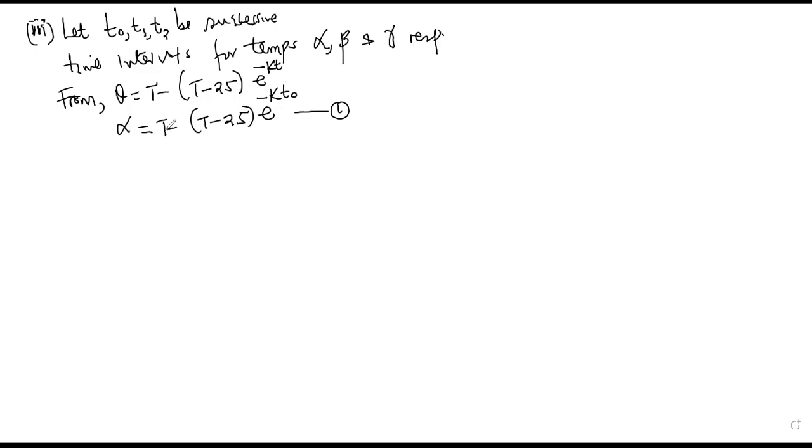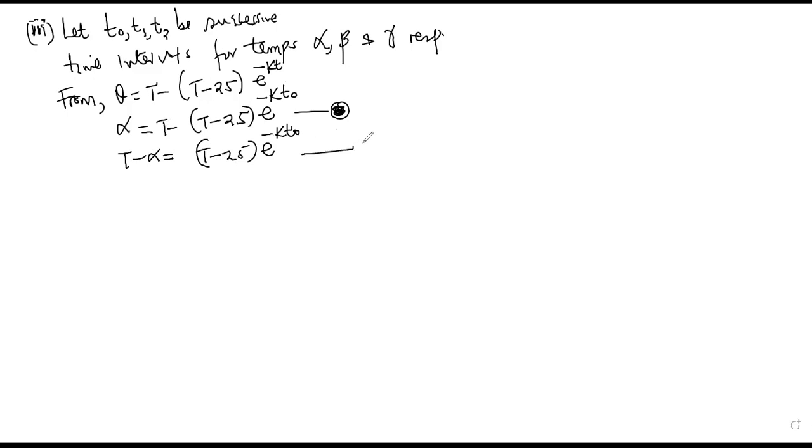From here we can also have T, let me label this equation 1. So if I bring this on this side, it will be T minus alpha is equal to T minus 25 e to the power negative k t0.